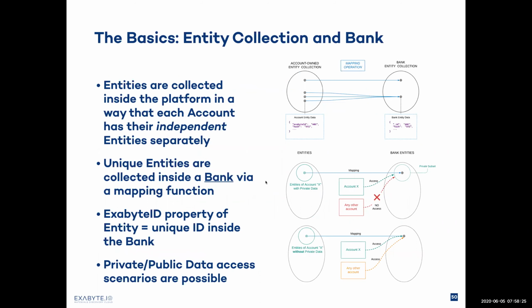It's important also to understand the entity bank concept that we have implemented. So initially, all the entities are stored inside the entity collection, and they are private to each account. So when a new account is created, we create an entity that it owns.